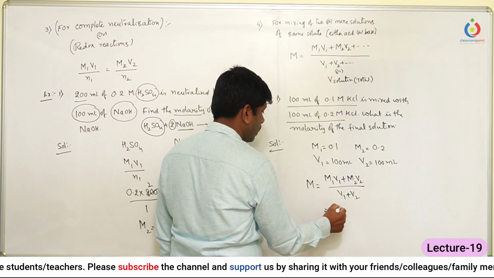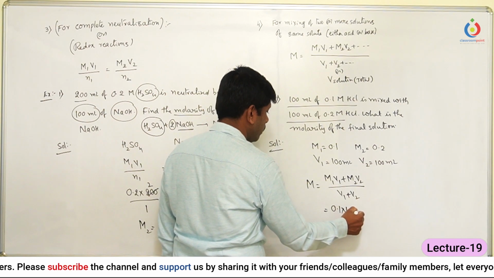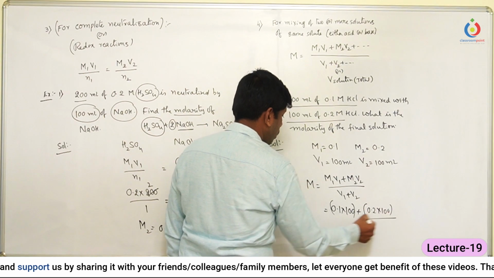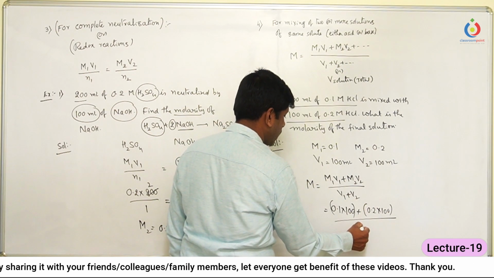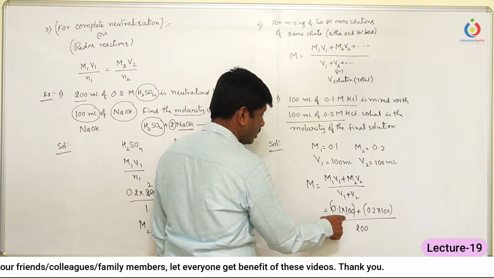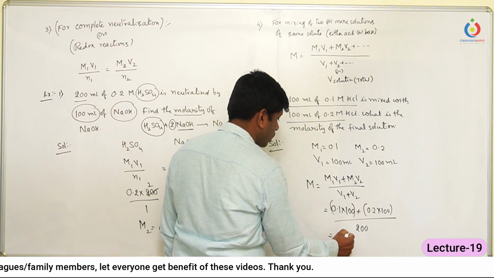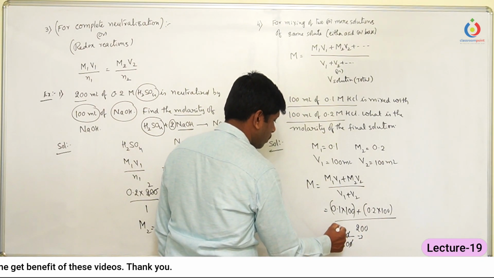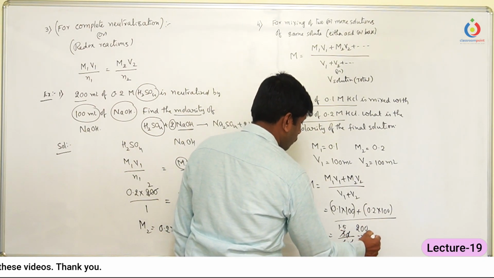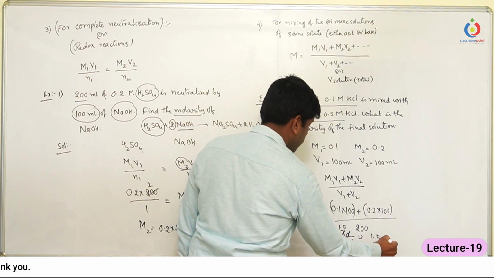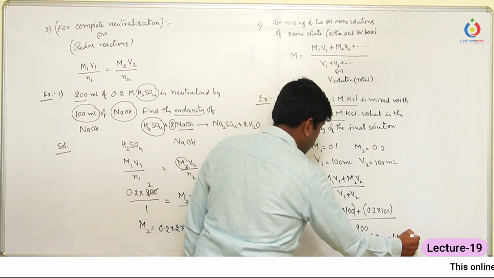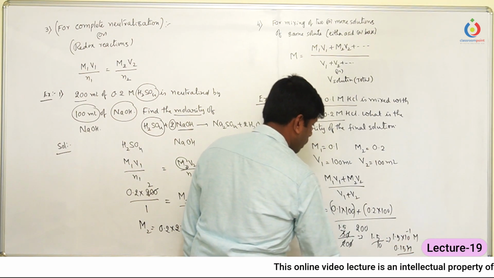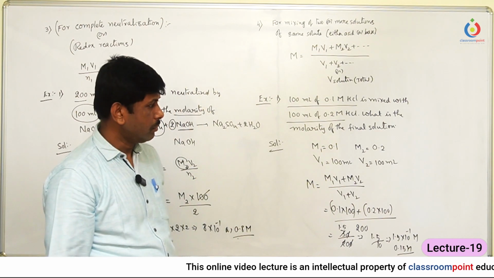M1 value 0.1, V1 value 100, plus 0.2 into 100, whole divided by 100 plus 100, that means 200. So this value here is 10, this is 20, total equals 30 by 200. So it goes 1.5, and 1.5 by 10 is there. That means 1.5 into 10 power minus 1 M, or else you can write 0.15 molarity of the solution.